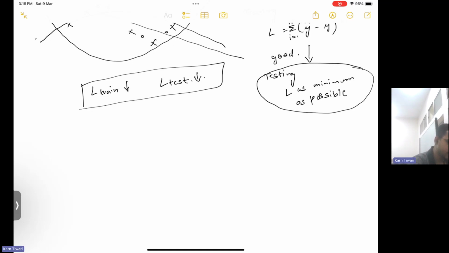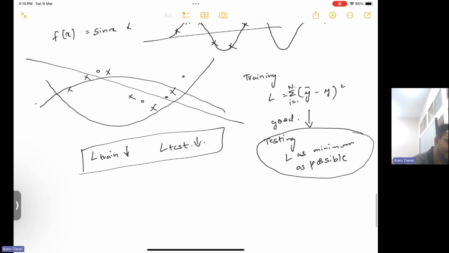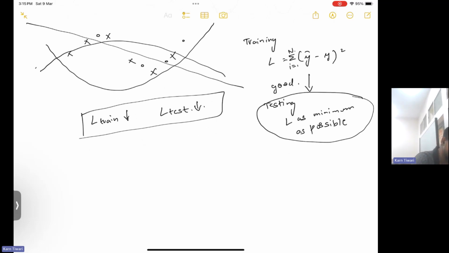So for example, if you are fitting a straight line to the sin x curve, it's not explaining well for both the training as well as the testing data. It looks good on the points it has seen, but we don't know the underlying function from which these points were sampled, so it becomes quite a tedious task.